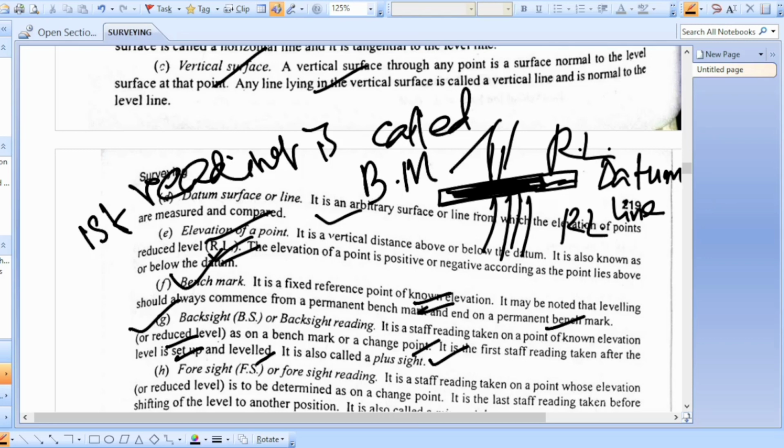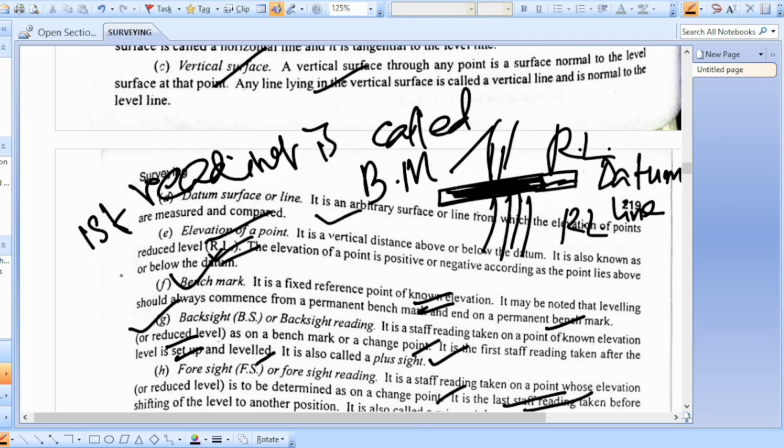Foresight. It is a staff reading taken on a point whose elevation is to be determined, as on a change point. It is the last staff reading.